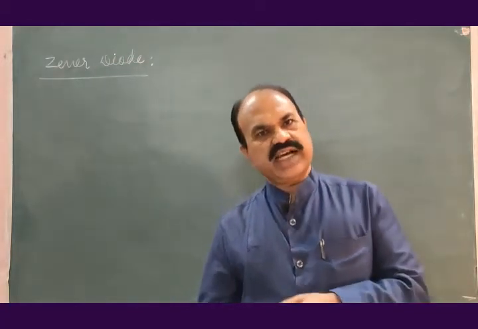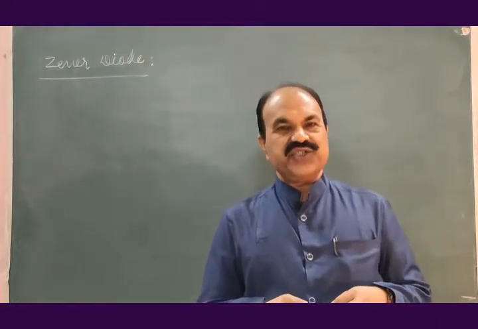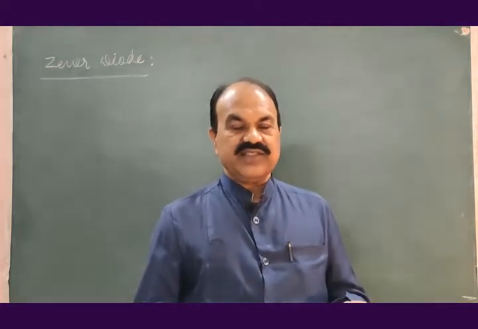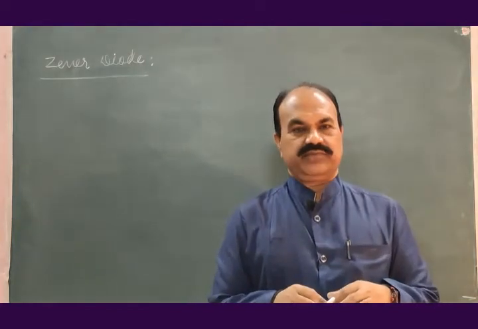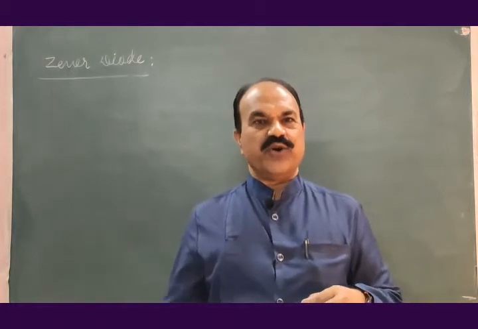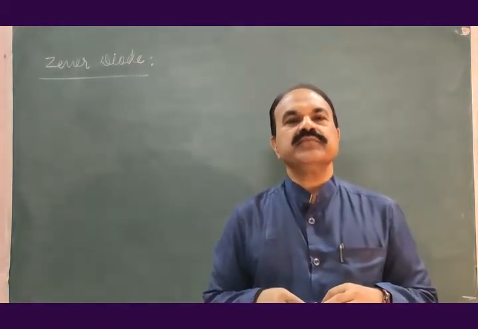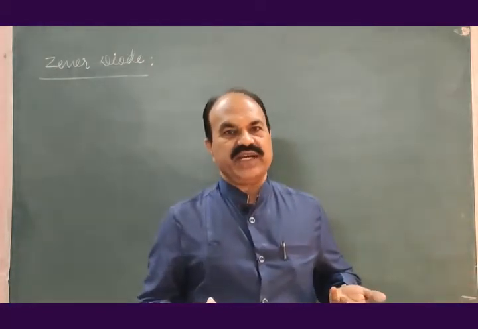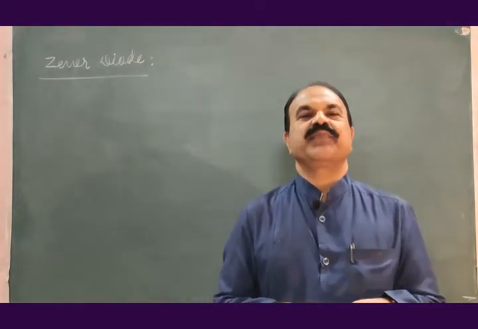We can use Zener diode in forward bias, but then it will act just similar to ordinary semiconductor PN junction diode. There is no speciality about the Zener diode whenever it is used in forward bias, because we already have ordinary PN junction diode which can be used in forward bias. We do not need Zener diode for that purpose.